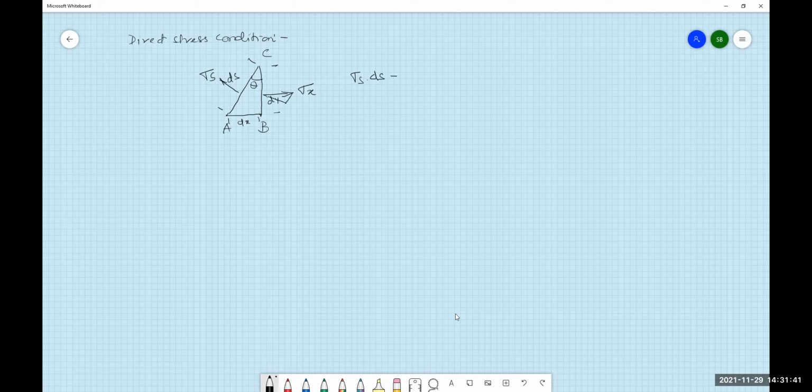This is the angle here. This is the hypotenuse, this is the vertical, and this is the horizontal line of this stress sigma x into dy.